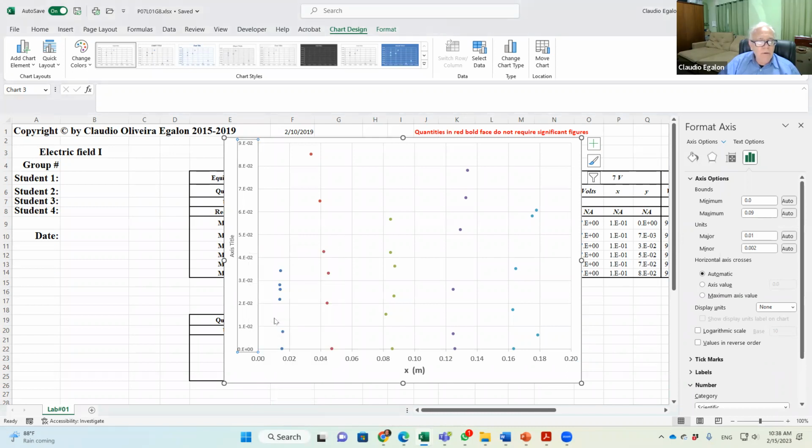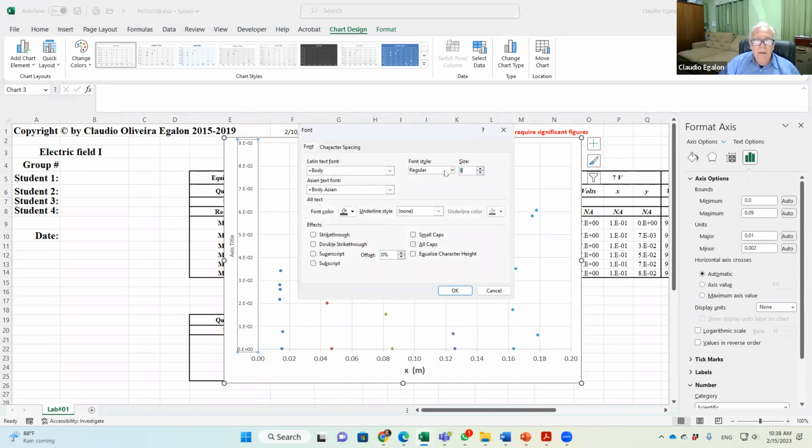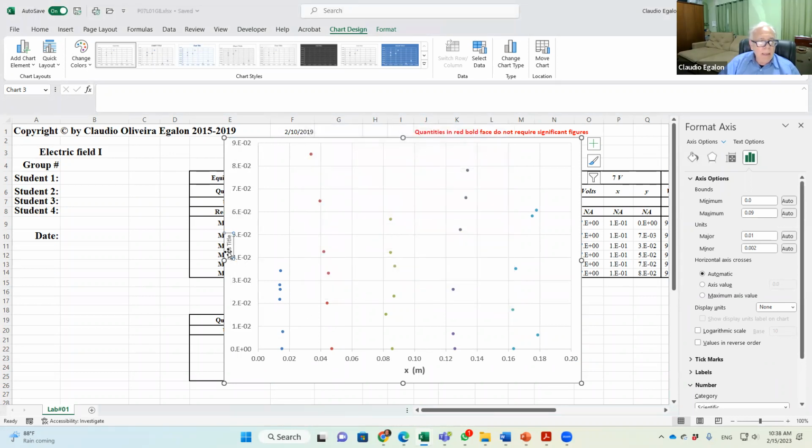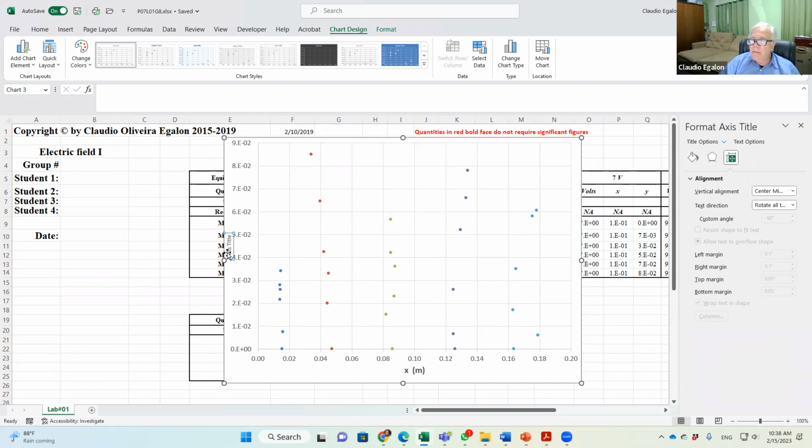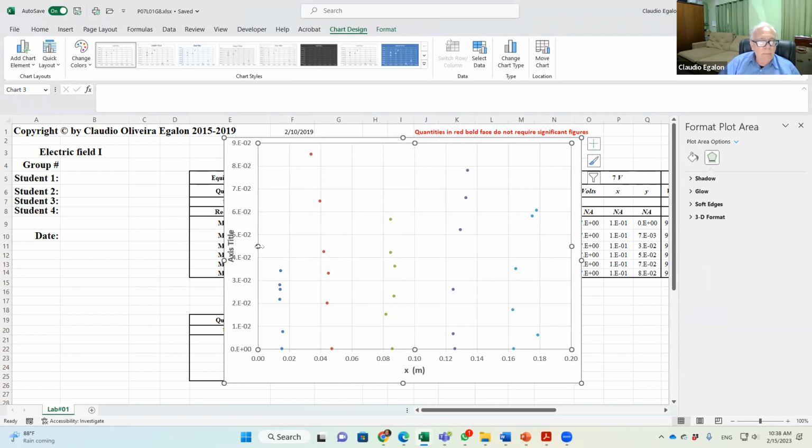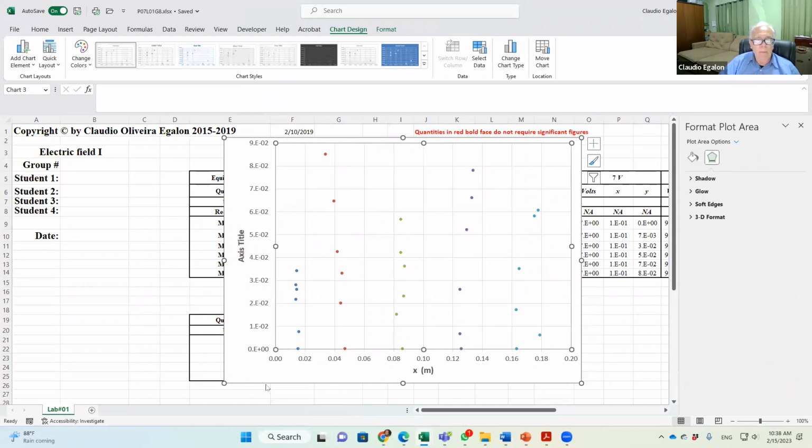Font 12, make it large enough. And my axis title, I'm going to make it size 14 and boldface.